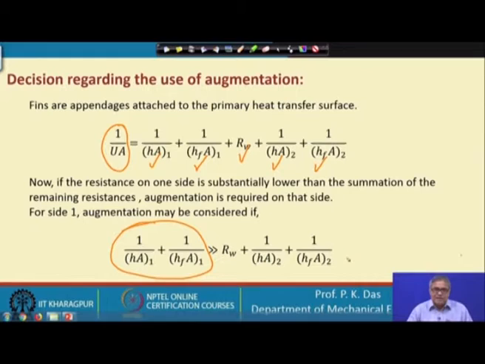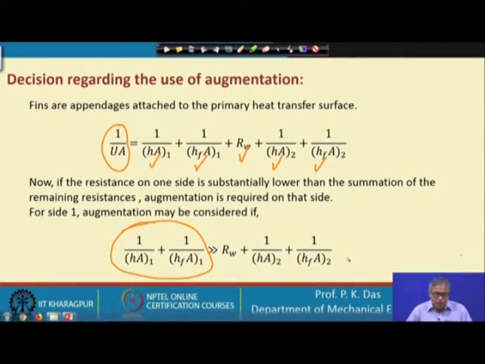There are some very simple guidelines, because they come from our day to day experience. These are more or less commonly followed, but sometimes they need some checking. If there is a gas liquid heat exchanger, generally the gas side resistances are more.